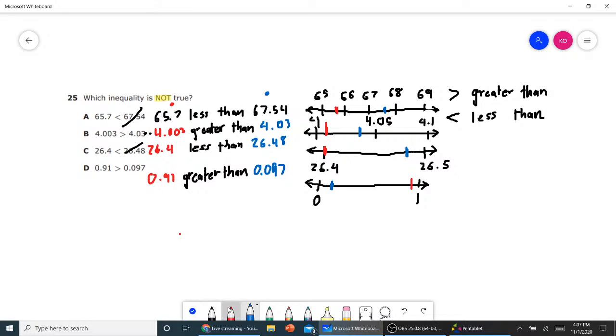So we see that red is greater than blue, or 0.91 is greater than 0.097. So this would be incorrect by the question's response, because it's asking what is not true. So B is the correct answer choice for this question.